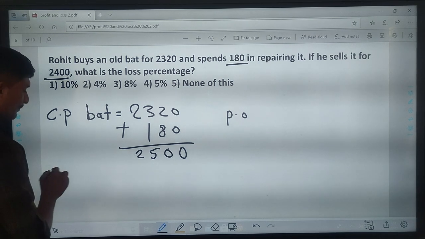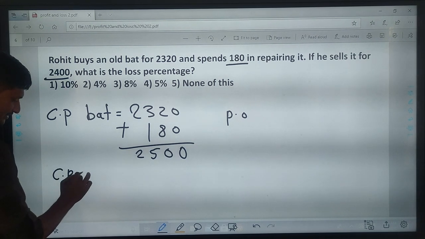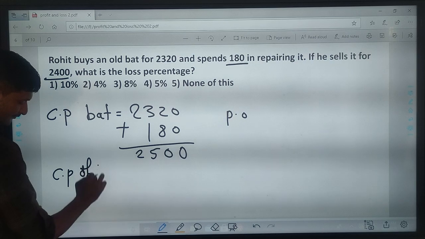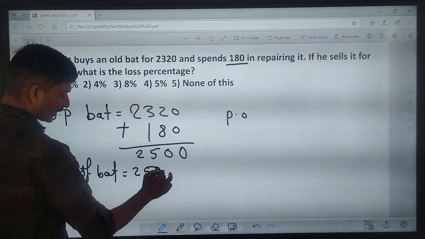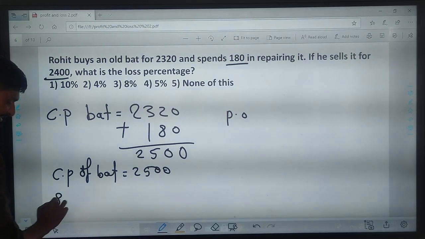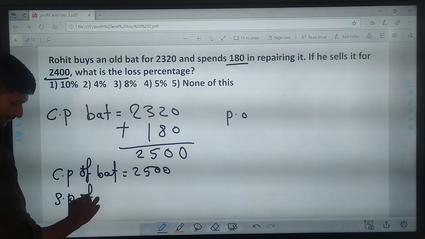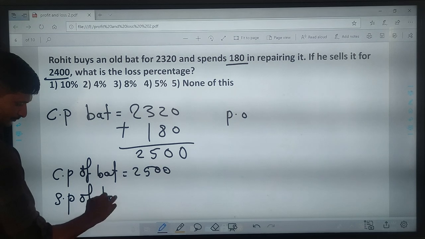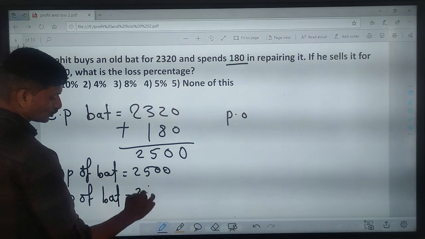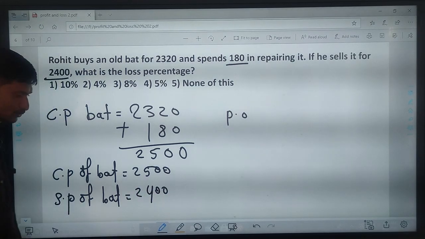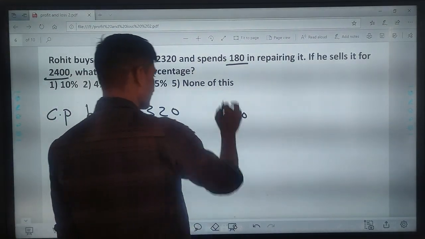Here CP of that is 2,500 rupees. Now selling price of that is 2,400 rupees.